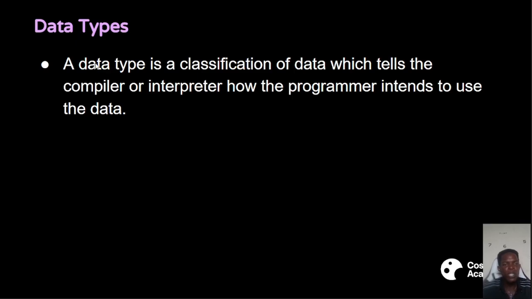So first of all, a data type is a classification of data which tells the compiler or interpreter how the programmer intends to use the data. Like I said, the type of data in that container varies. In our previous example, you see that I have const num equal to 10.